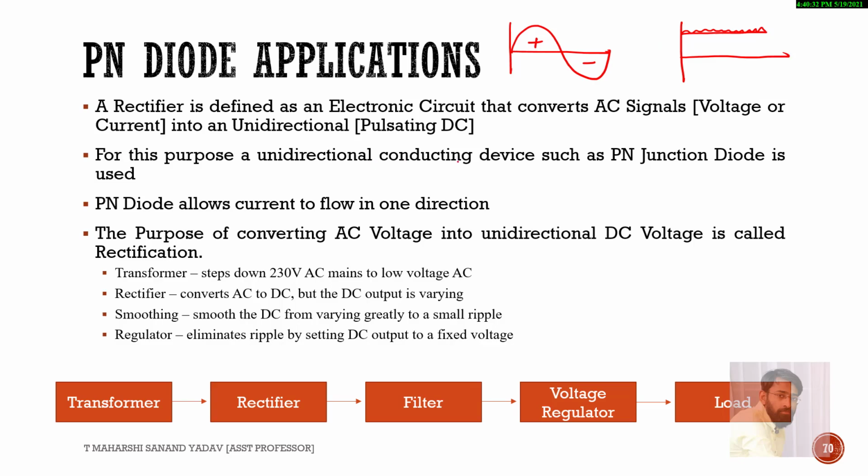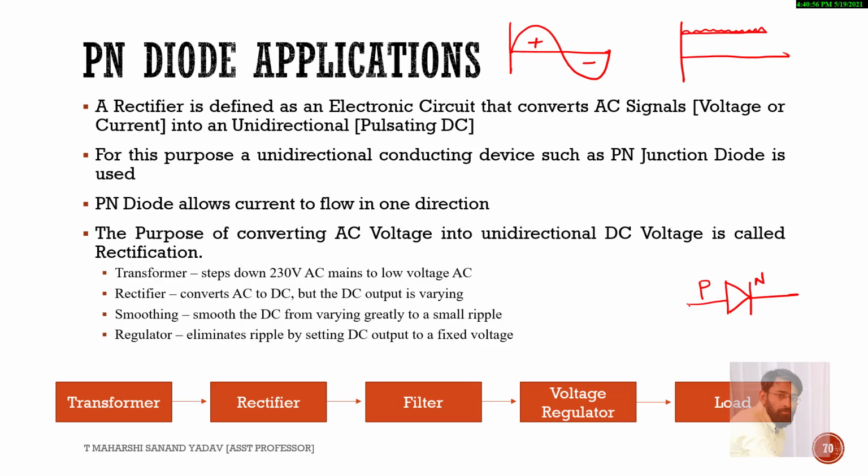For this purpose, a unidirectional conducting device such as a PN junction diode is used. We know that a PN junction diode is a unidirectional device which conducts only in one direction, that is from P to N. This is the symbol of the PN diode. A PN diode allows current to flow only in one direction.